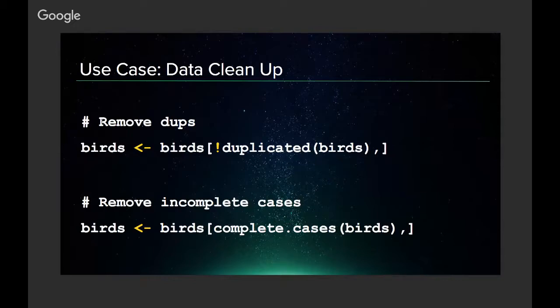There's also a bunch of functions where you don't need to remove them. If you just want to calculate the mean of one of your columns, and there are NA values in it, you don't have to remove them. Oftentimes those types of functions will have an argument, na.rm, that asks whether you want me to remove the NAs before I do the calculation. So you don't always have to do this, but sometimes you do.